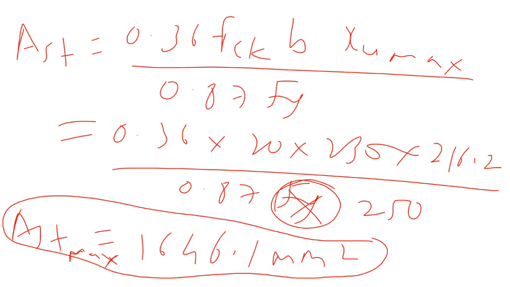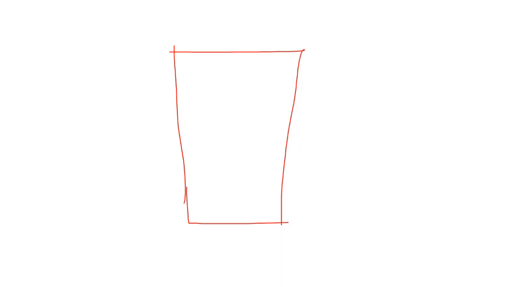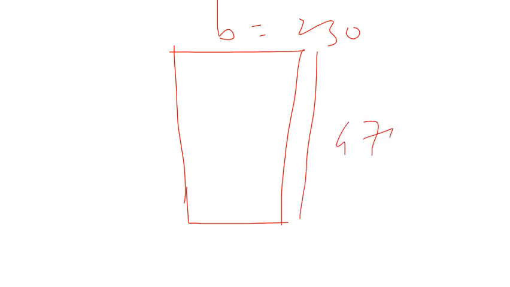So now we have all the parameters to define the smallest concrete section. This B is 230, this capital D, after rounding, is 470, and the small d we have already calculated, that is 408, and these are the steel rods.